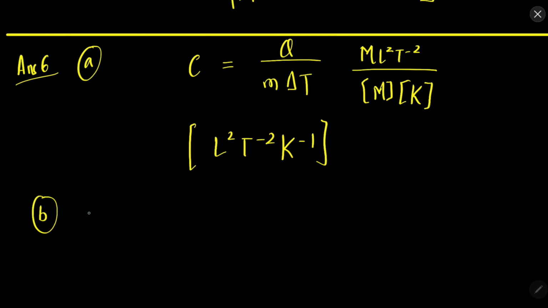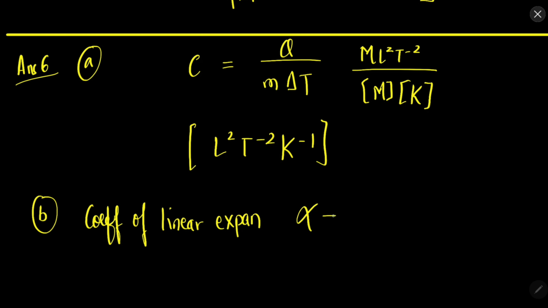Now next is the coefficient of linear expansion. It is represented by alpha, and the basic formula of alpha is the change in length upon the original length into change in temperature.